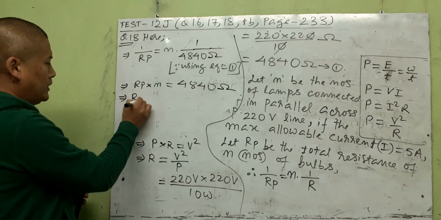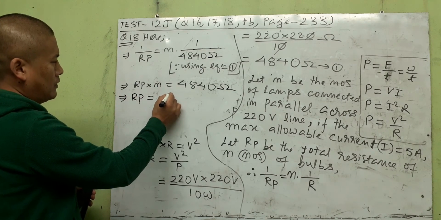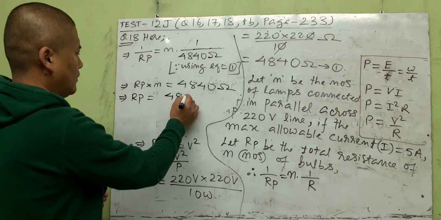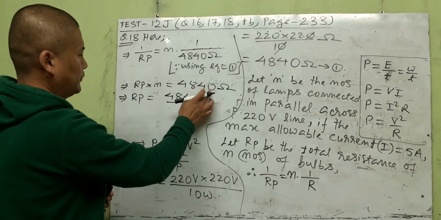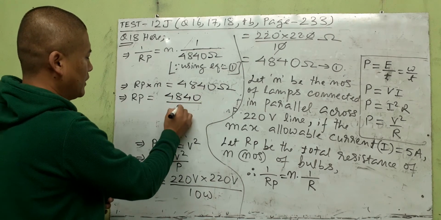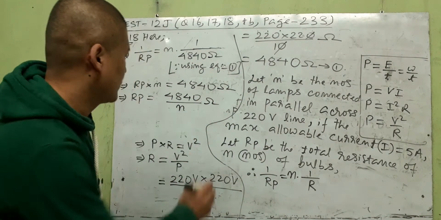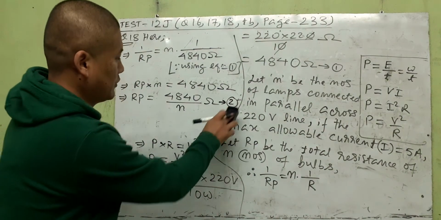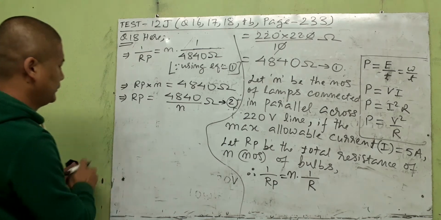So Rp you find out is equal to 4840 divided by n, this much ohms. Let us just keep it like that. That's equation number 2. Let us suppose.